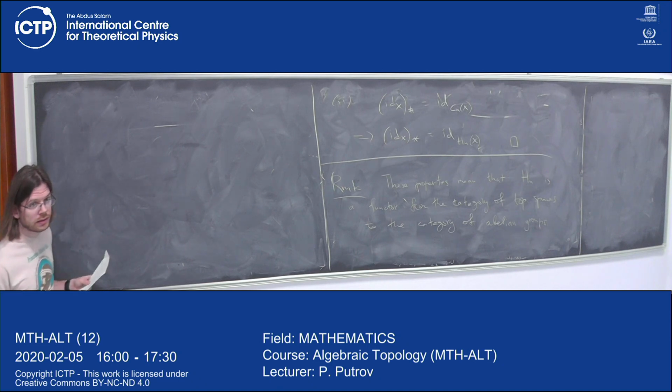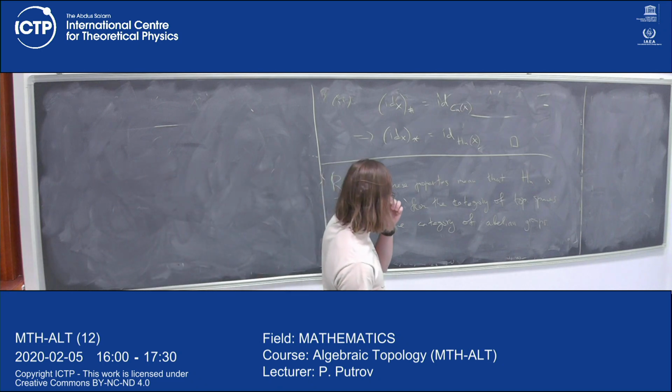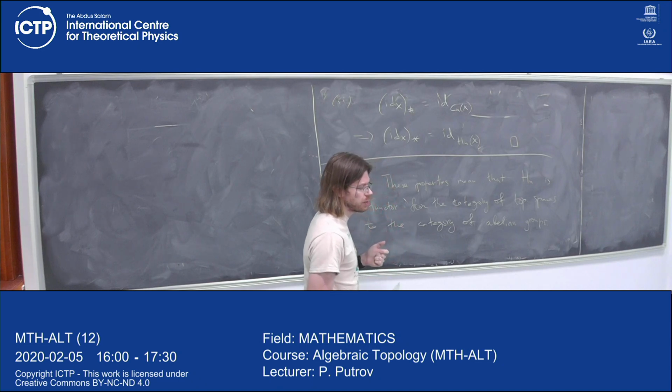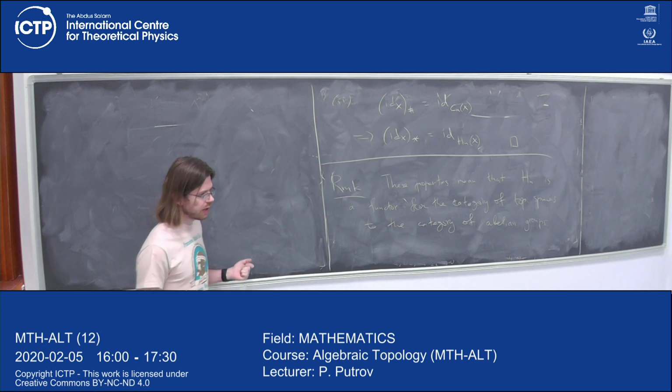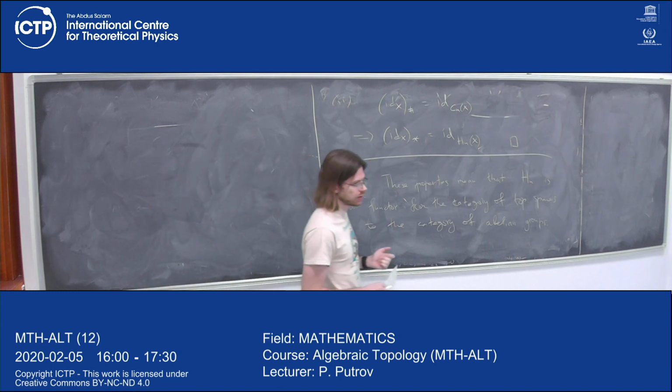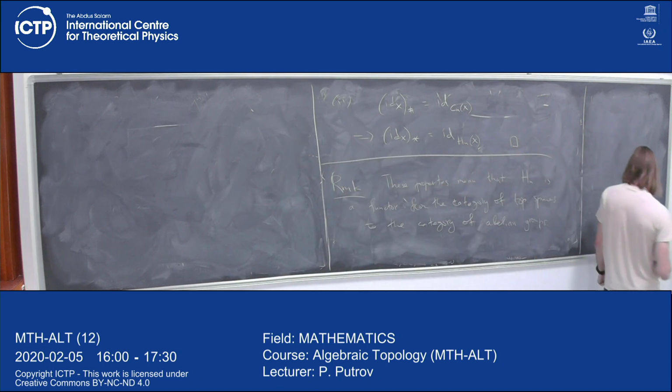A question: why are the homology groups abelian? By definition, they were quotients of abelian groups. Cn was defined as a free abelian group.